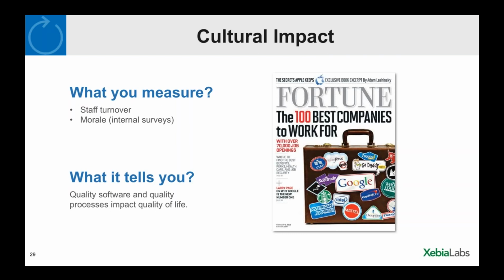Ultimately, at the end of the day, when we talk about the cultural impact of some of these transformations, quality of life really comes up as a great outcome of some of these investments. Knowing that you get your weekends back, in the notion of a better process that's more repeatable and automatable, has fewer crises, and that means you might make it to your kid's ball game.